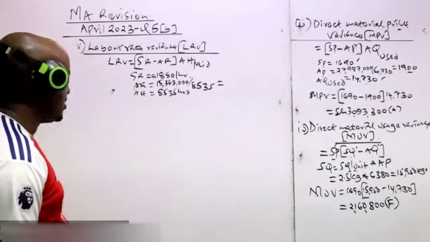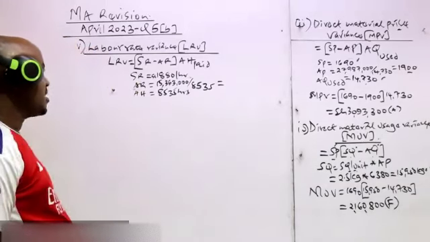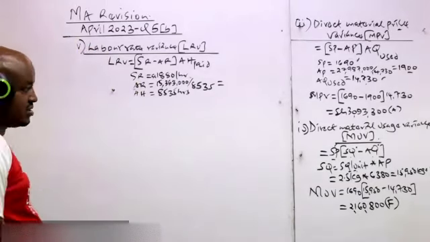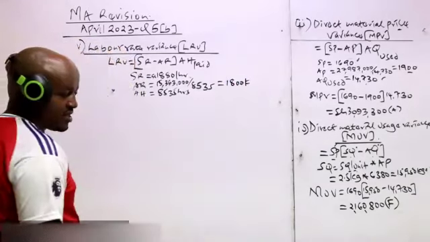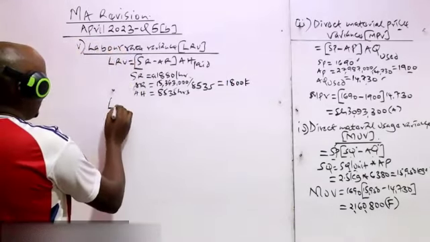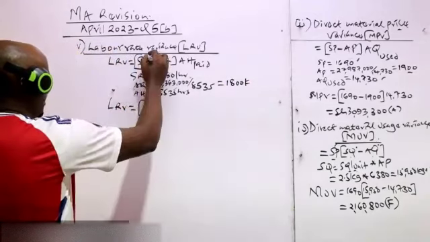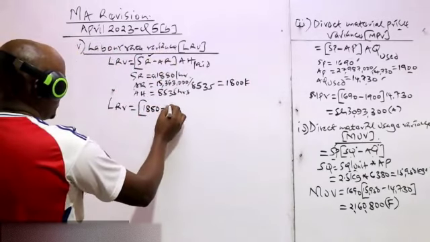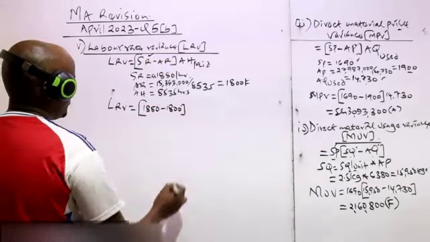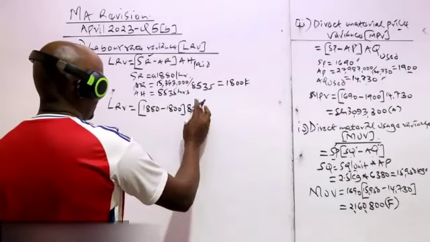The actual rate per hour here is how much? Actual rate, I'm told, is 1800. So therefore, our labor rate variance will be equal to the standard rate, which is 1880, minus the actual rate 1800, multiplied by the actual hours, 8535.